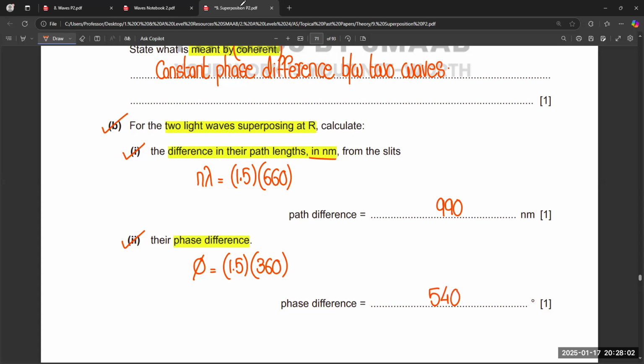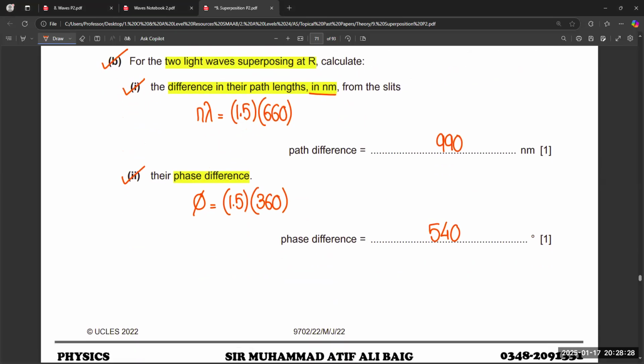Right now in this question, no pattern of waves is given, so there is no need to mark any point or find the value of t, just like we discussed in the previous question. Order helps you to find any unknown quantity in the Young double slit experiment. So this is the second part of question B.